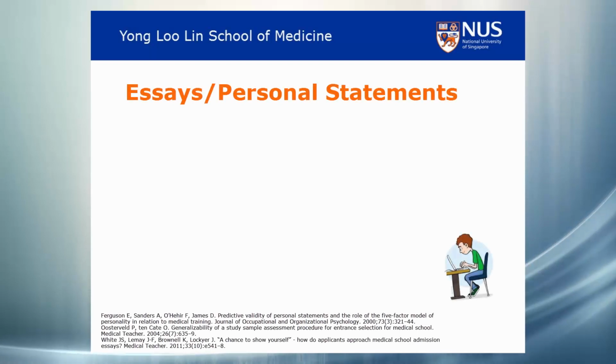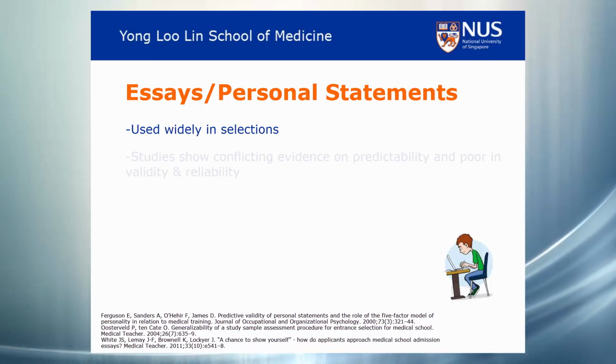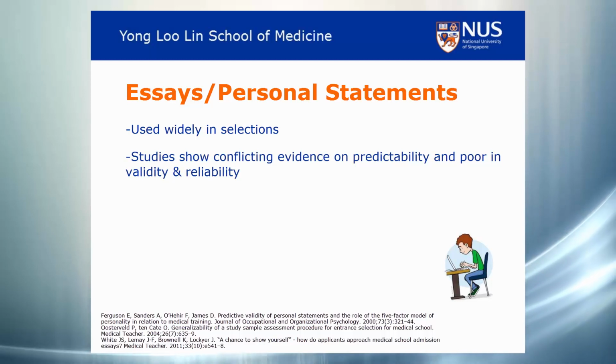The third are the essays and personal statements. Again, this is quite widely used and popular. There is conflicting evidence on its predictability, and it is poor in validity and reliability.